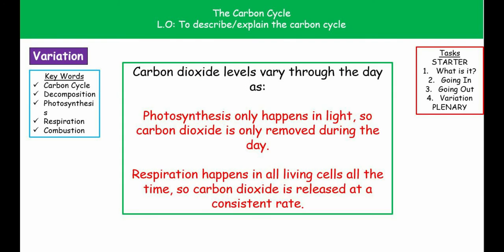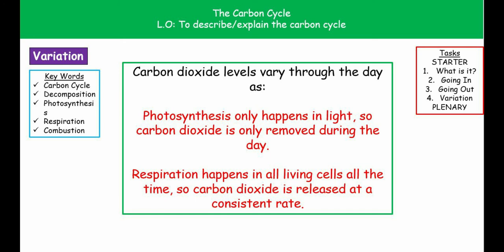Let's start off with the variation over a 24-hour period first of all. Now, the main reason that we see this variation in carbon dioxide levels over a 24-hour period is because obviously a proportion of it, and depending on what time of the year depends on how much of it, is going to be darkness. Hopefully we remember that photosynthesis requires sunlight in order to take place.